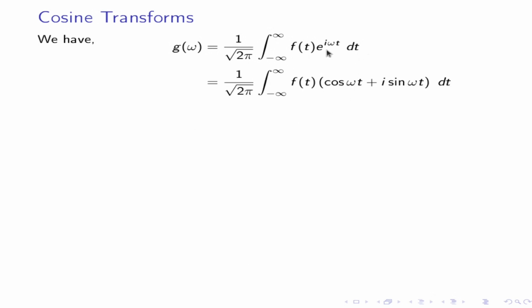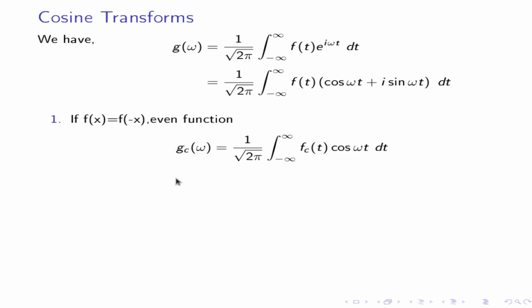So we can write e raised to iωt as cos ωt plus i sin ωt. If f(x) is an even function, then gc(ω) is 1/√(2π) integral from minus infinity to infinity of fc(t) cos ωt dt. The sine part is an odd function that vanishes, and gc(ω) is equal to this 2 times, therefore the square root of 2/π integral 0 to infinity fc(t) cos ωt dt.